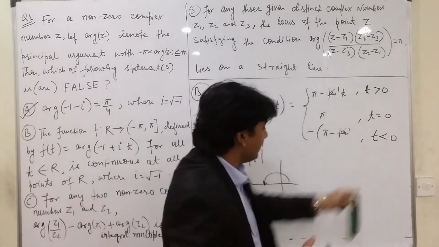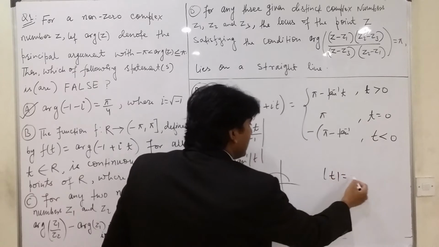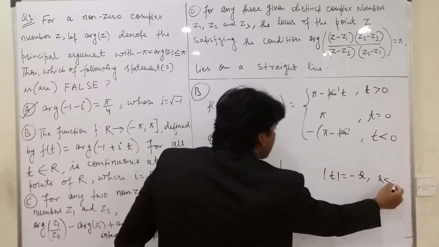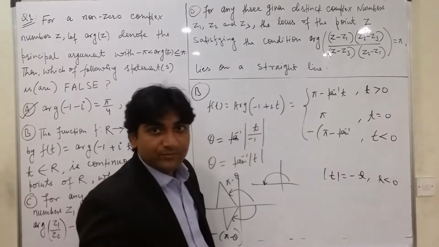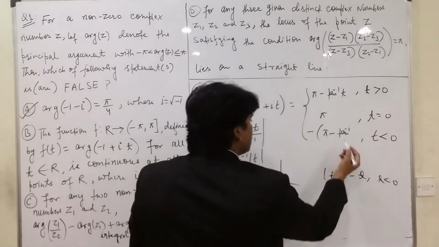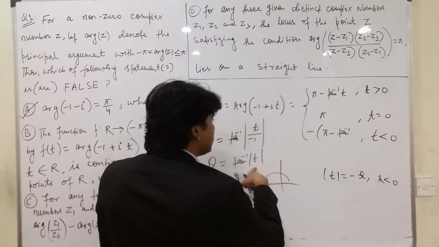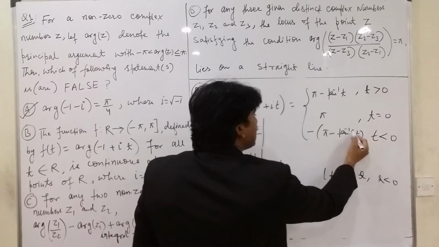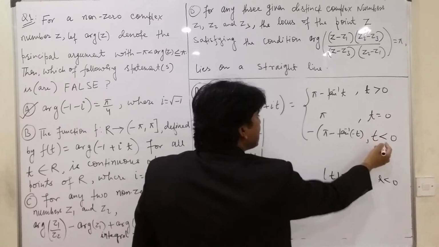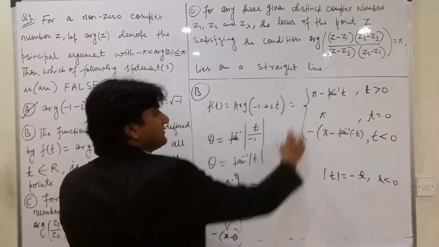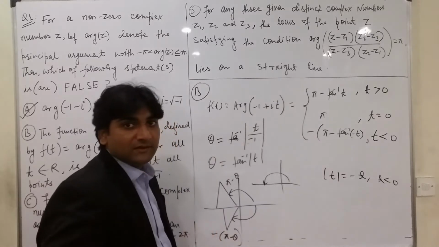But t is negative, so mod t equals minus t, which is a property of modulus. So instead of mod t, I will write minus t, because t is negative.